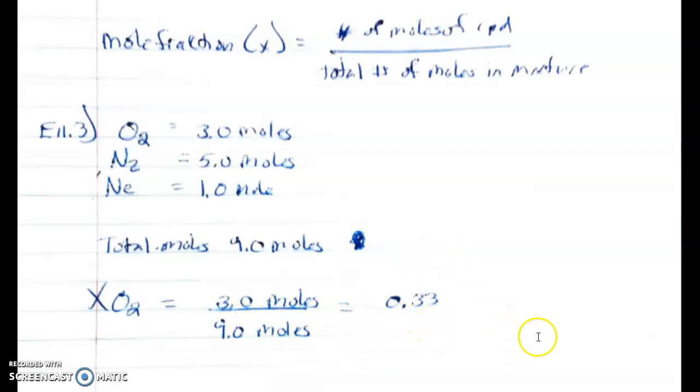Notice that this does not have a unit because the moles will cancel, so this is a dimensionless or unitless value. All right, so the mole fraction, in essence, is saying about 1/3 of this entire mixture is made up of oxygen gas or moles.